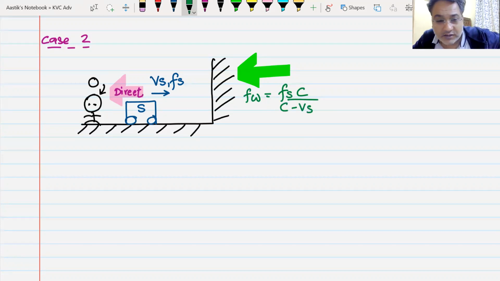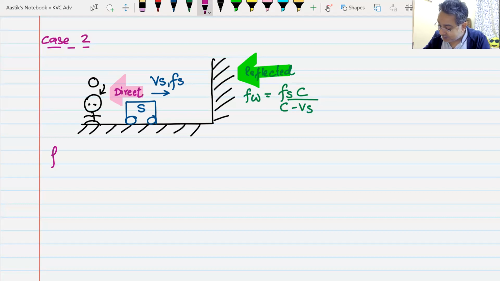Wherever a wall comes, you can assume that the wall is emitting sound of this frequency, because it is getting reflected and the source is moving towards it. Now this will be the reflected sound that he will hear. So he will hear two frequencies.